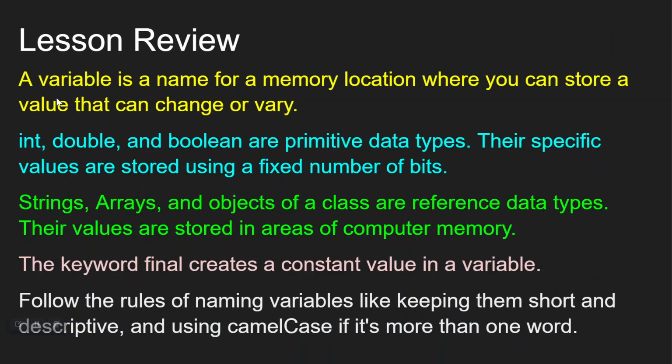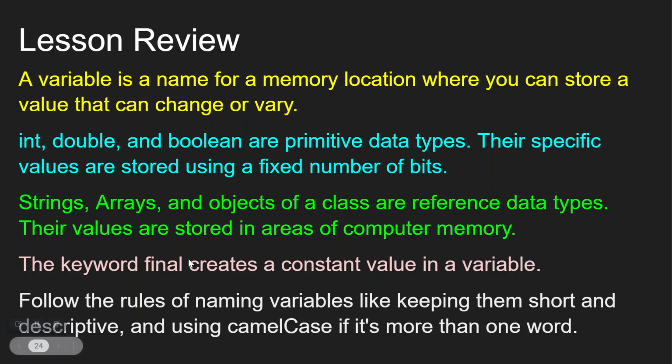All right, so lesson review. A variable is a name for a memory location where you can store a value that can change or vary. Int, double, and boolean are primitive data types. Their specific values are stored using a fixed number of bits. But strings, arrays, and objects of a class are all reference data types, and their values are stored in areas of computer memory as opposed to just fixed bits.